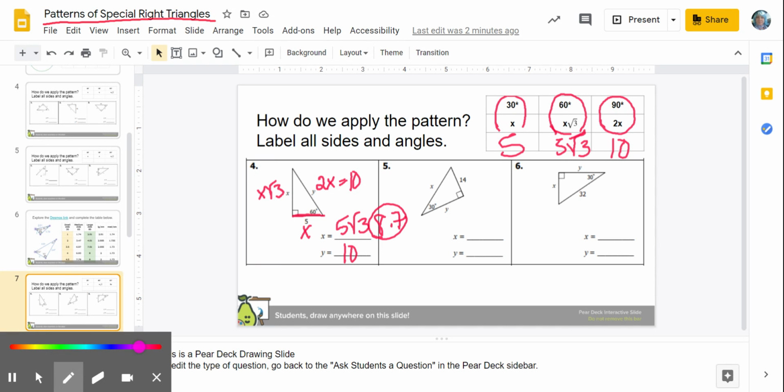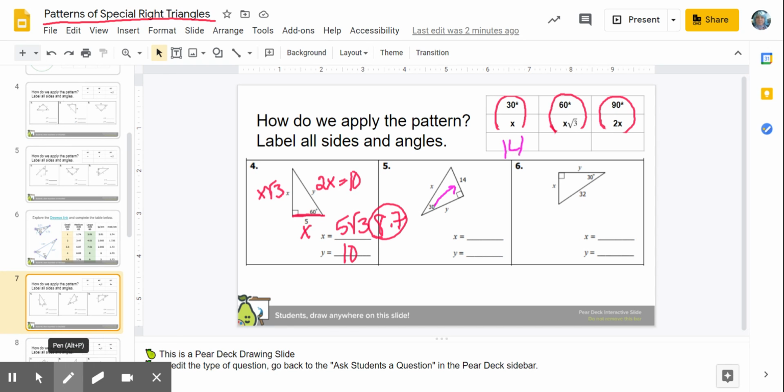Same thing in the next one. I'm given the small side, right? So the small side is 14. So what do I know about the hypotenuse? Absolutely. 14 times 2 is 28.